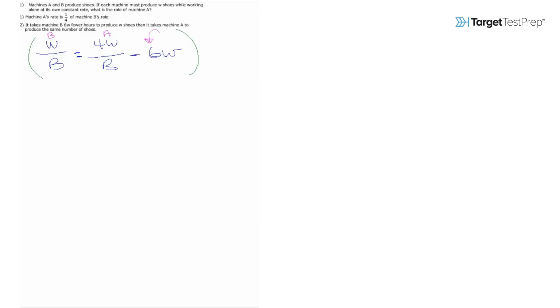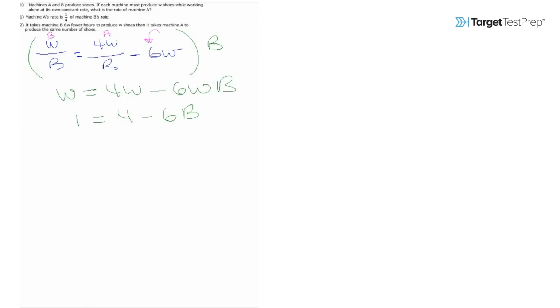So what I'll do is I'll multiply it by B to get rid of the denominator, and we'll get W is equal to 4W minus 6WB. Okay, so what we'll do is we'll divide by the W's. We'll say 1 is equal to 4 minus 6B.